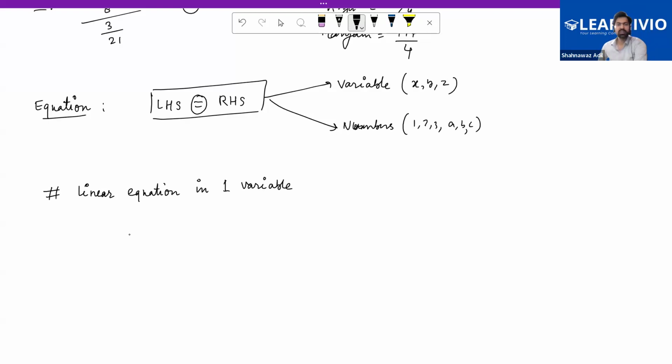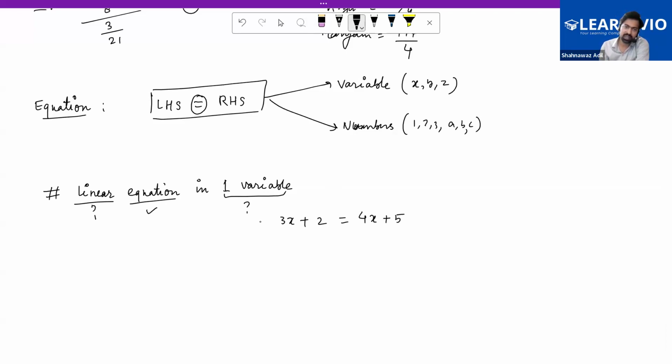There are three important words. One is linear. Equation we already know, and then we have one variable. So how do we represent a linear equation in one variable? Let's say we have this equation: 3x plus 2 equals 4x plus 5.